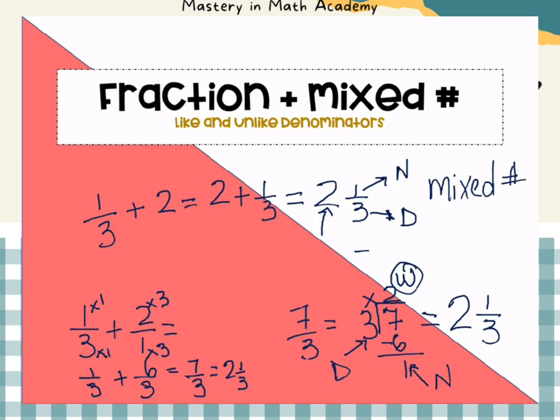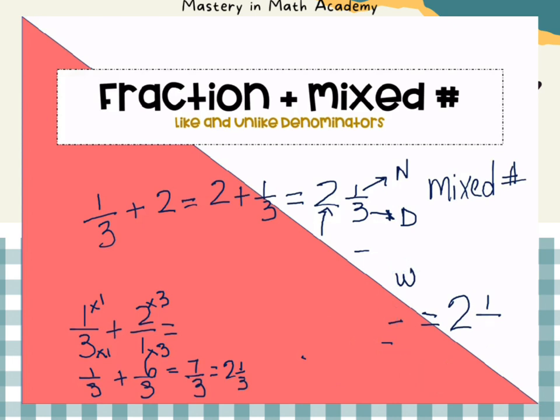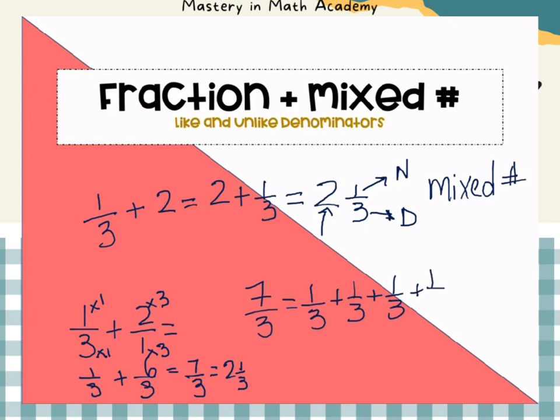Another way you can look at it is to take a magnifying glass and zoom in. 7/3, when you zoom in, is 1/3 added 7 times. So you have 1/3 plus 1/3 plus 1/3, and you continue to add that 7 times: 1, 2, 3, 4, 5, 6, 7.